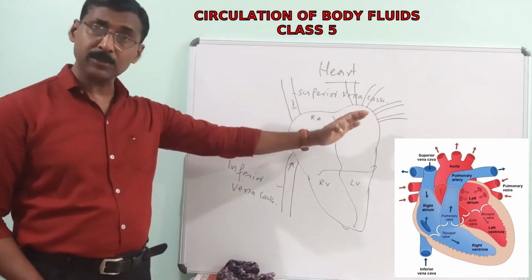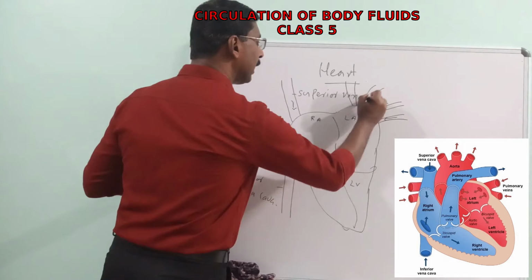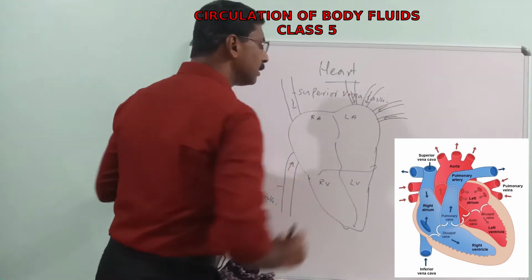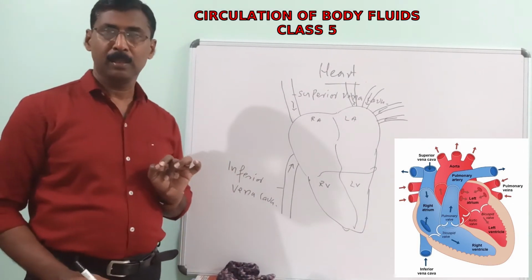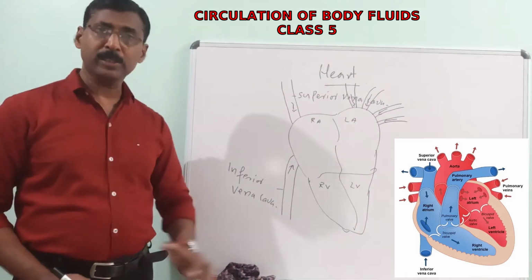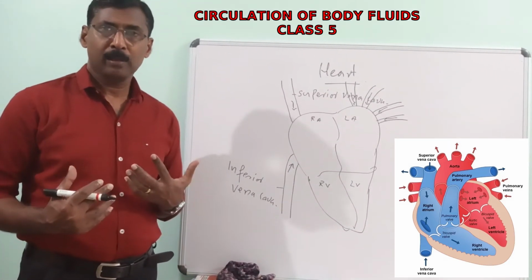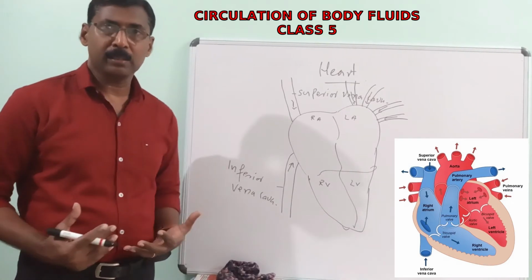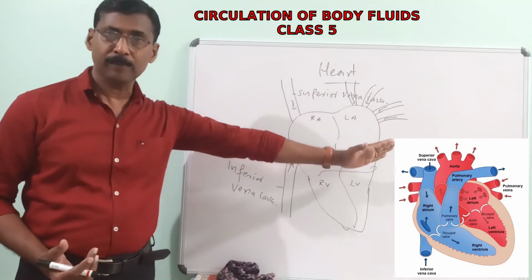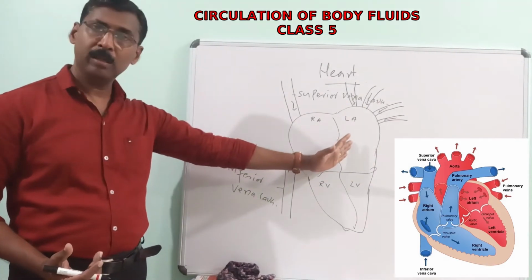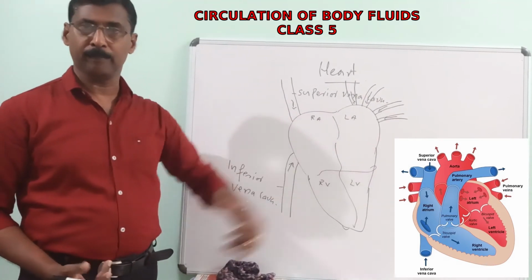They originate from the lungs and carry blood from the lungs. As they carry blood from the lungs, this blood should be oxygenated blood. After oxygenation takes place in the lungs, the oxygenated blood is carried by these 4 veins and emptied into the left atrium.